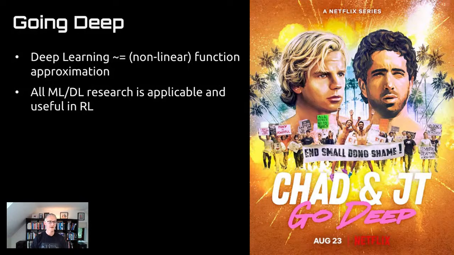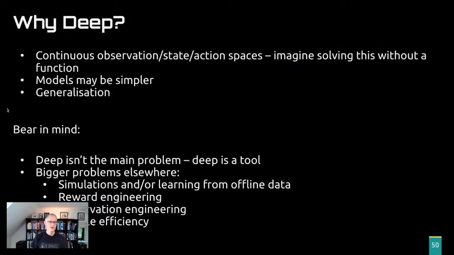The key point to note is that any research in ML related to deep learning is absolutely relevant to reinforcement learning as well, because these types of models are used all the time inside the policies and other areas. So why deep?